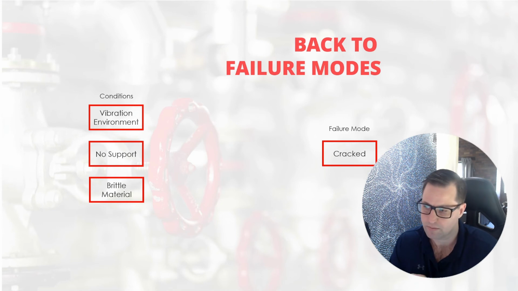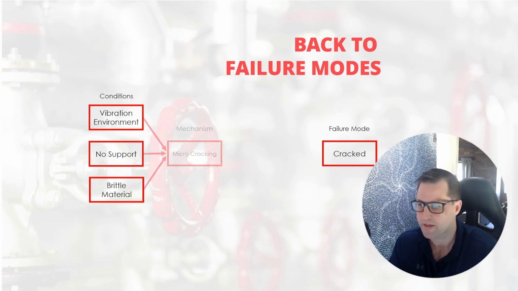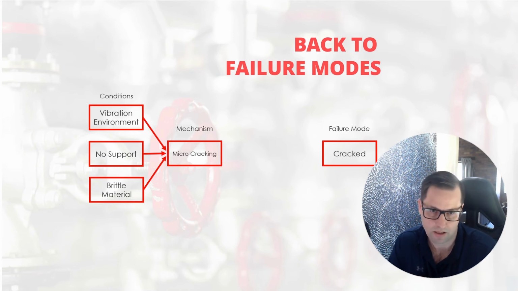Okay, these are preconditions, but these also are causes to the failure mechanism that evolves or develops from that. So the failure mechanism for this, in this case, let's call it micro cracking for the sake of the argument.